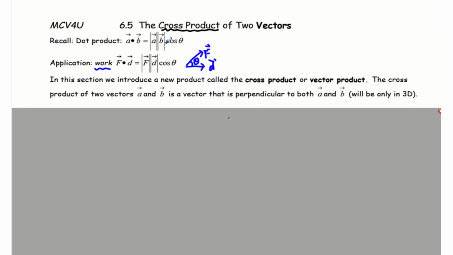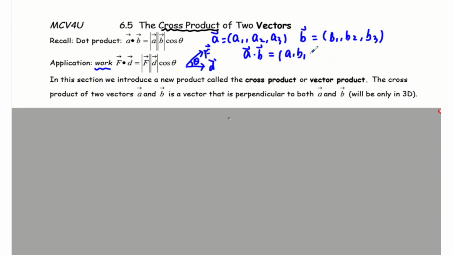When we do the dot product, if we have the component vectors, for example, A has x, y, z directions and B has x, y, z directions, the dot product is just the x component times the x component, plus the y component times the y component, plus the z component times the z component.